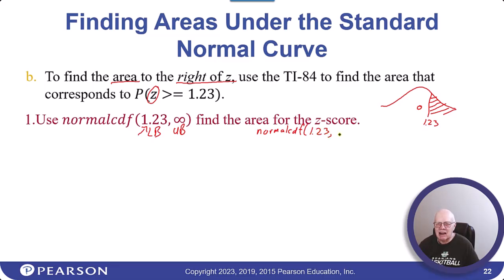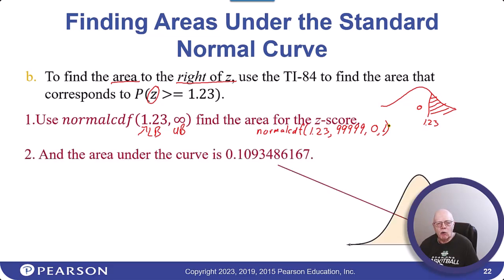And because I like to make the typing easier, I'll just put a bunch of 9s there. And since I want to be careful and get a good habit, I'm going to put in the 0 and 1. And take a look at that. I better end up with something less than 0.5. So there's my picture. A better picture, I admit. The area under the curve, 0.1093 approximately. We're in good shape.